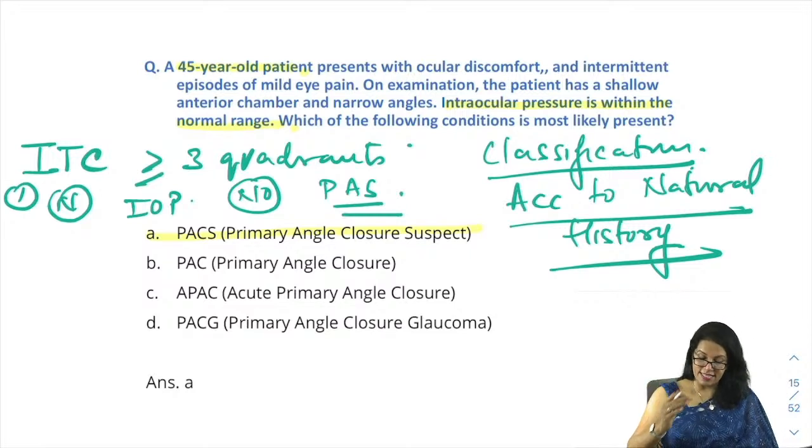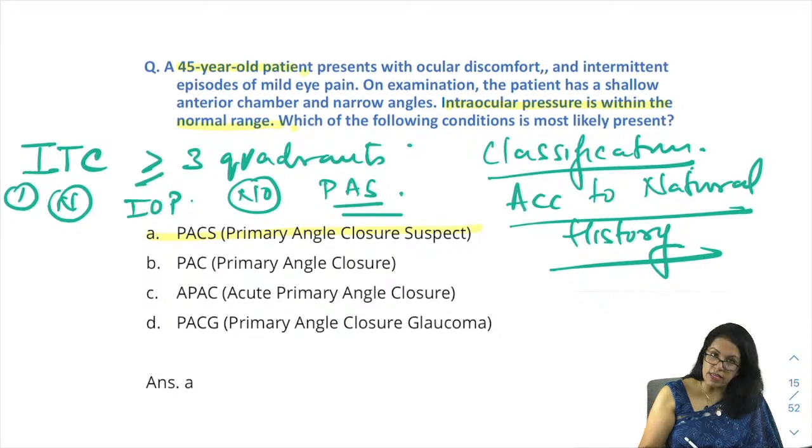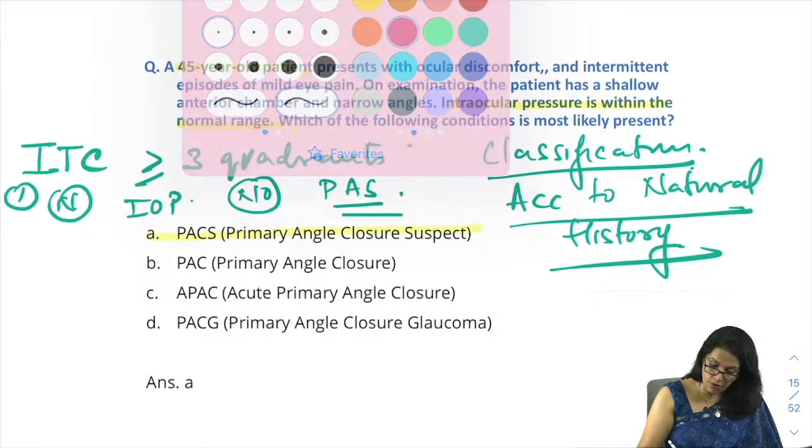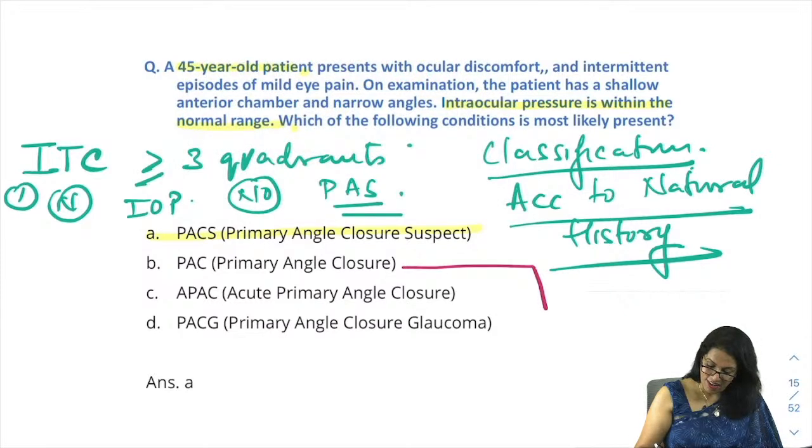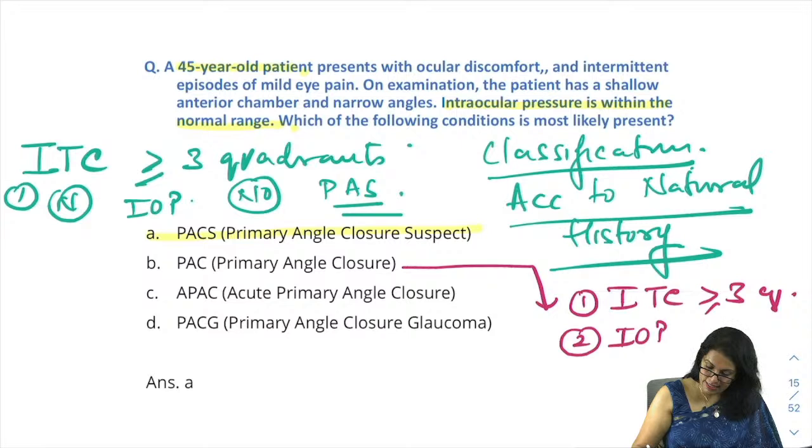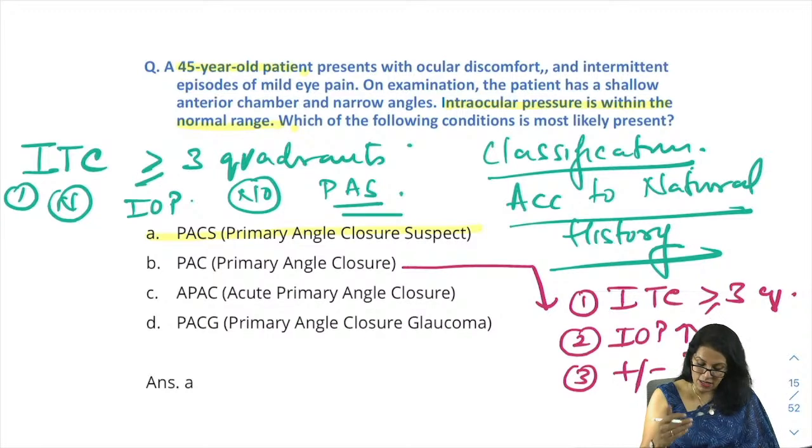Then comes the next stage. इस next stage में क्या होगा? You will get all these findings, but along with that, how to learn it? If you want to learn here with me, learn it. All the findings means you are getting the iridotrabecular contact in 3 or more quadrants. This time IOP is raised, okay? And this time I may get a peripheral anterior synechia. This becomes the next stage, angle closure.